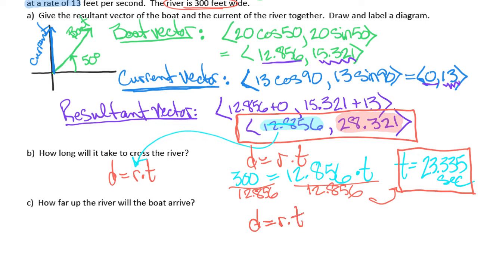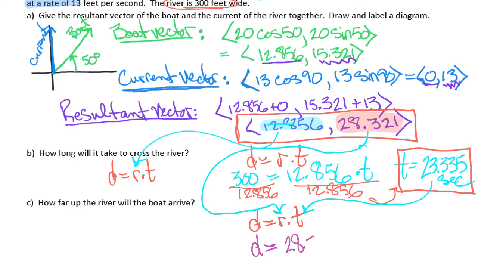Okay, and we're looking for distance this time. What do we know? We know how long it's going to take us. So we know our time. We know how far we're going. And so we can just fill all of that in to find how far up the river the boat will arrive after 23 seconds, approximately 23 seconds.